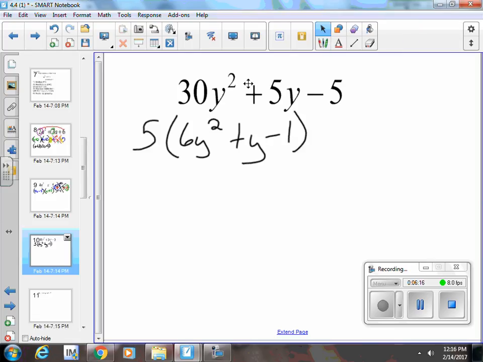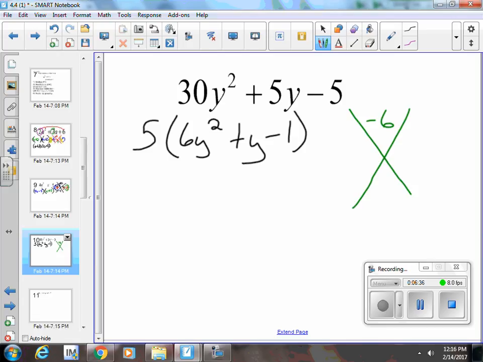Alright, so that's not the only factoring method I have to use for this problem. I have 3 terms inside the parentheses right now, so I'm going to try to see if I can do hard AC. So a times c, 6 times negative 1, is negative 6.